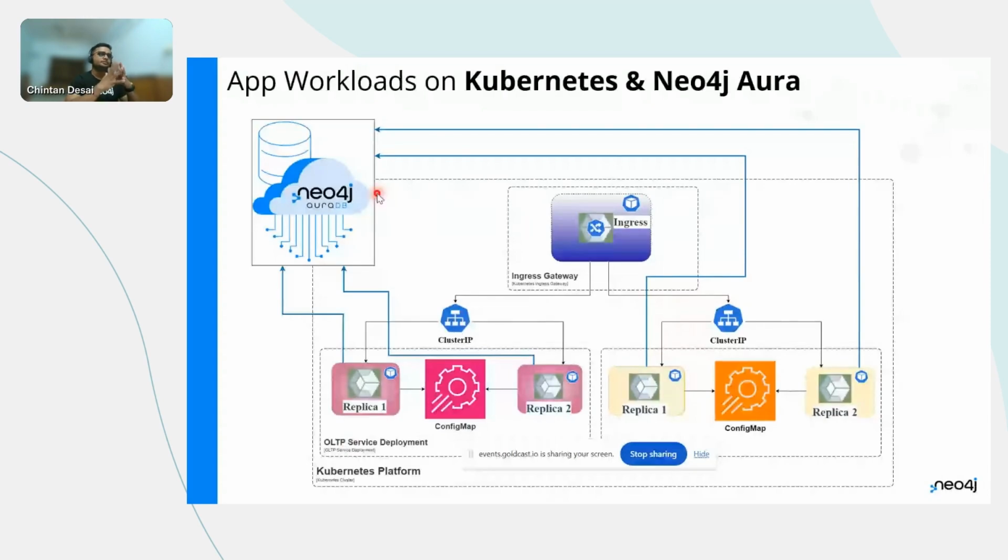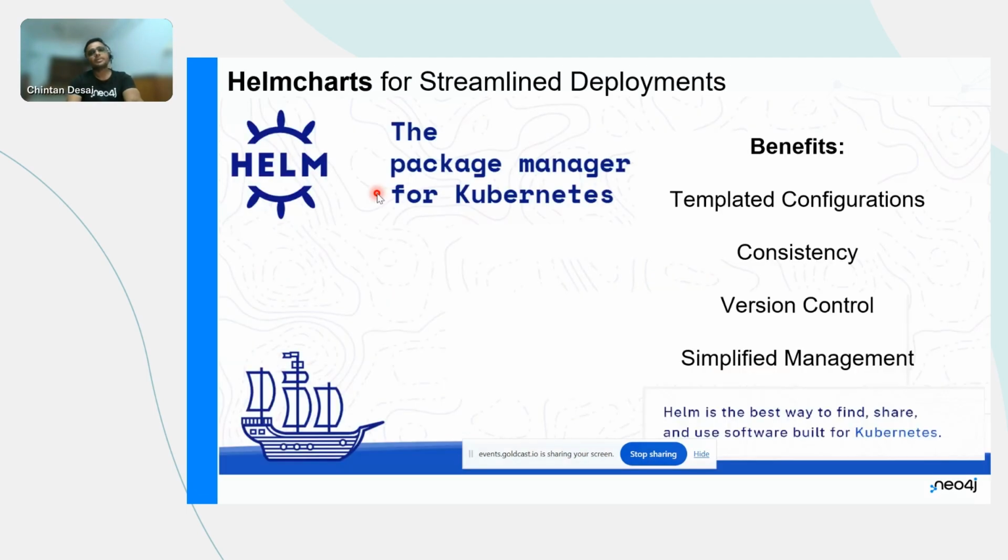There are a lot of Kubernetes resources which need to be deployed, and managing these resources for multiple environments, multiple regions, lower environments and higher environments, and then managing the deployments and versioning can be really difficult. That's where Helm comes into the picture.